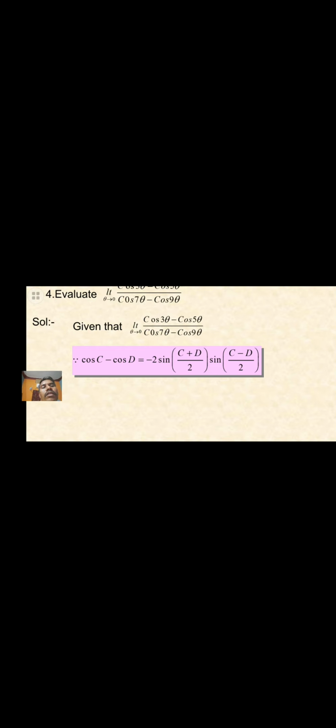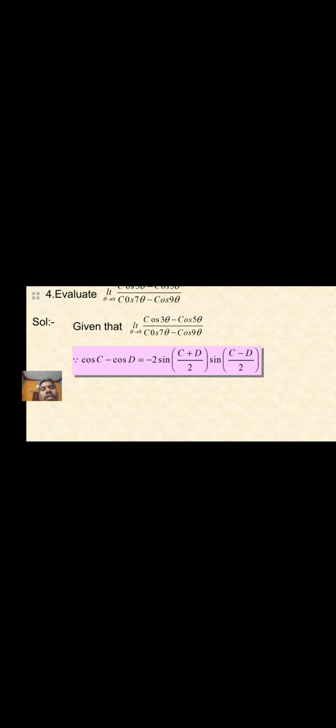Here C means 3 theta in the numerator and D means 5 theta. Similarly, we can apply it to the denominator terms also. In the denominator, C indicates 7 theta and D represents 9 theta. So on the left side of the formula, we have two terms.